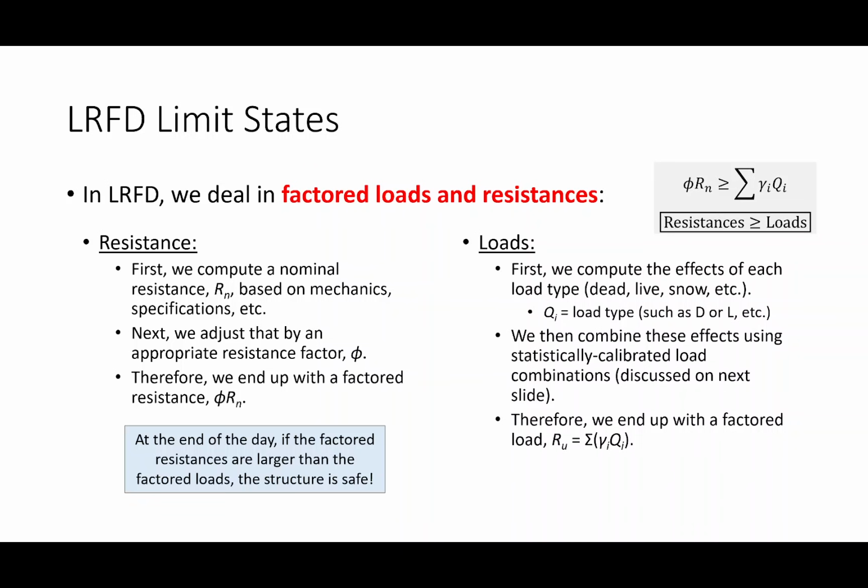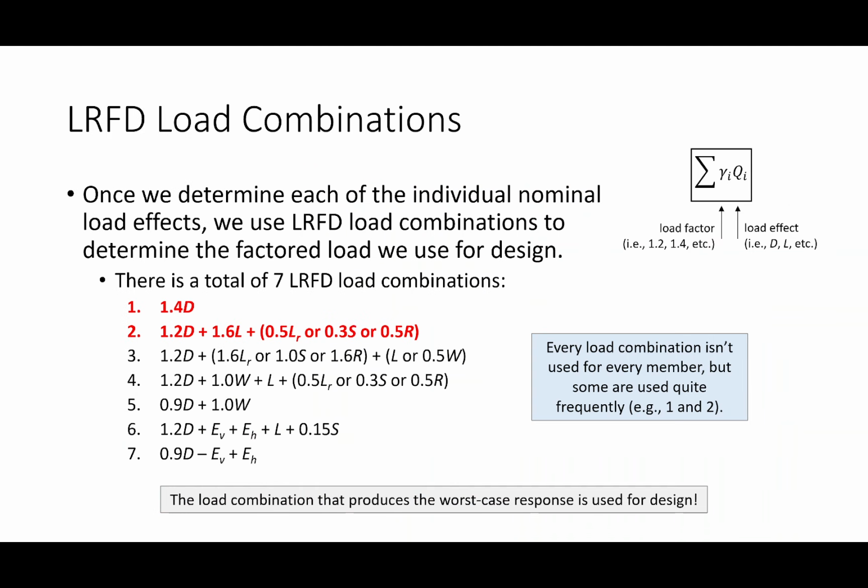All right. Regarding the rest of the slides, these are the key highlights for the last few lectures. LRFD, generally what it means is that we are not applying a blanket factor of safety. We are instead individually factoring loads and resistances according to their uncertainties. For the loads, we apply statistically calibrated load combinations.